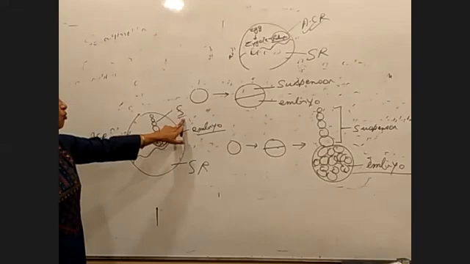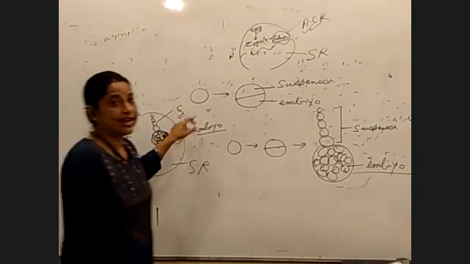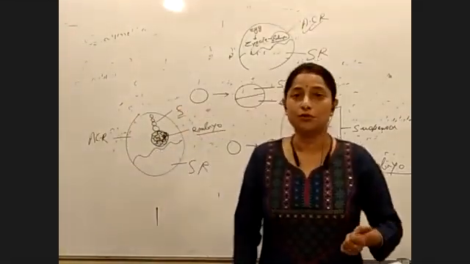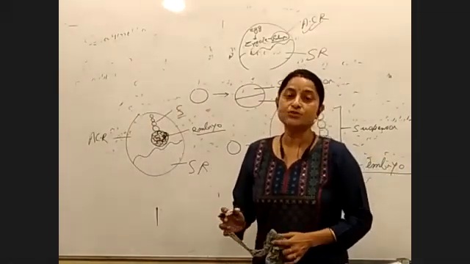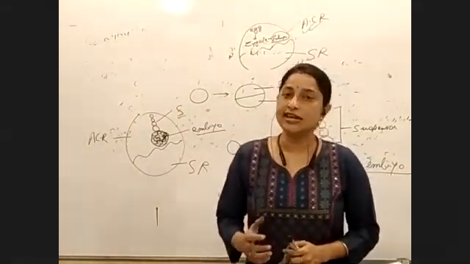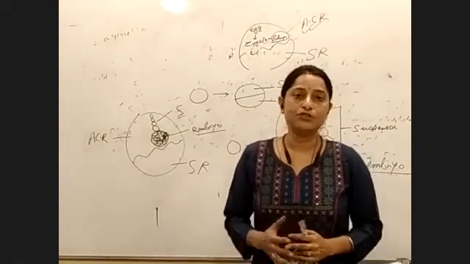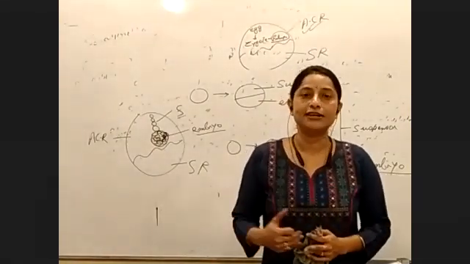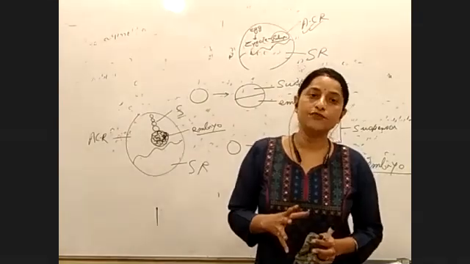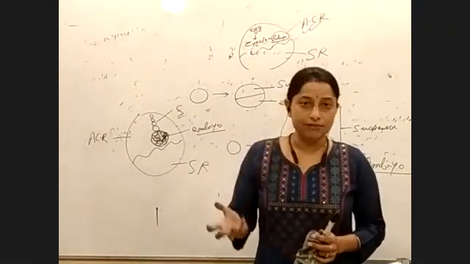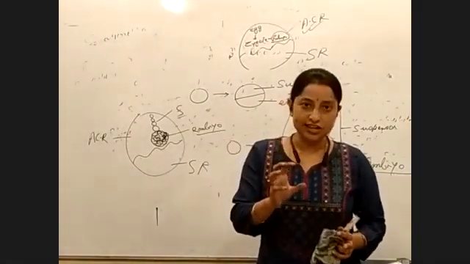Now coming to what is the function of a suspensor? In normal cases, when we talk about fertilization in angiosperms, the male gamete and female gamete fuse together to form the zygote.